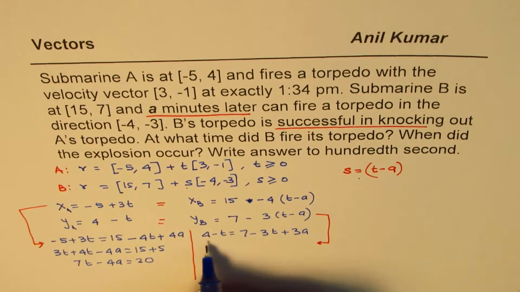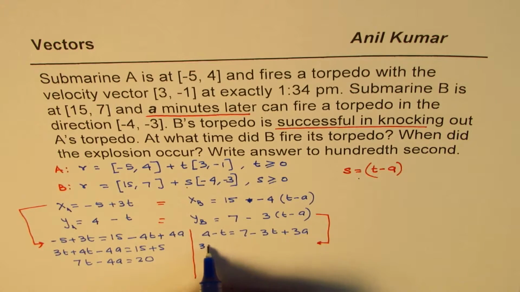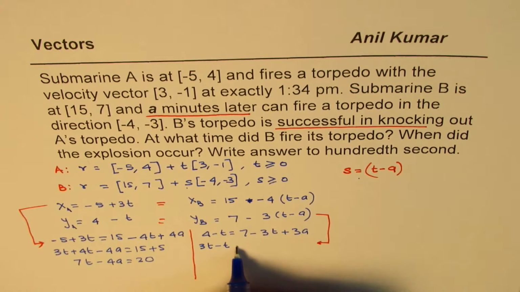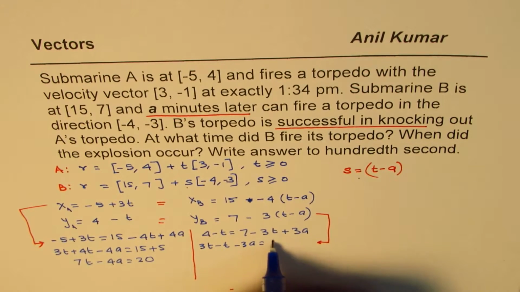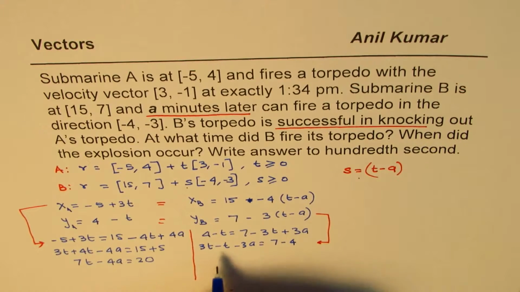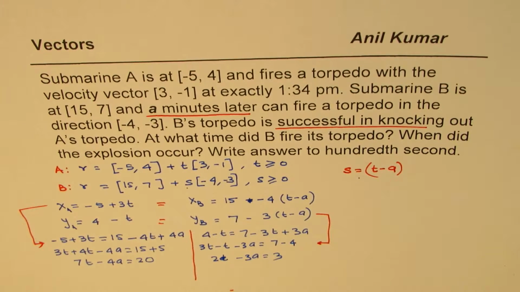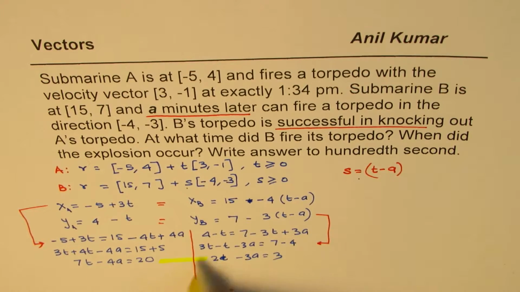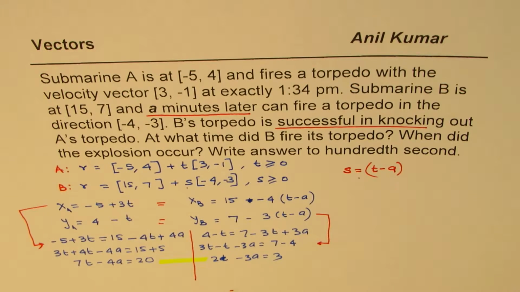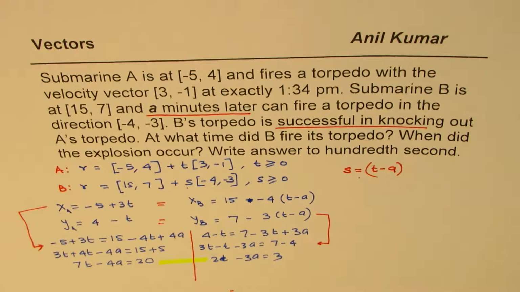Bringing this t to the right side, we get 3t minus t minus 3a equals 7 minus 4, which is 2t minus 3a equals 3. So now we have these two equations to work with, and these two equations in two variables can be solved to find the values of t and a. That's the whole idea.